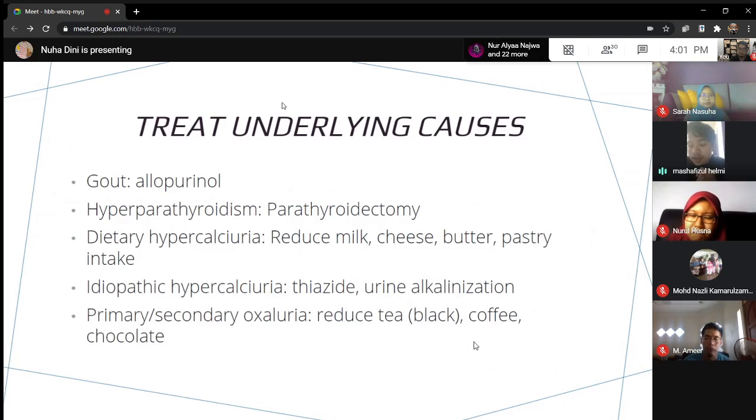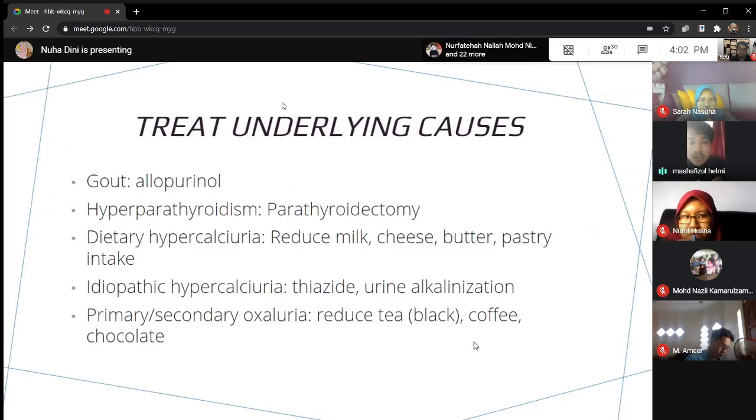For a patient with hypercalciuria due to dietary intake, this can be managed by reducing the milk, cheese, butter, pastry intake. The next one is idiopathic hypercalciuria. So in this patient, we give thiazide or alkalinize the urine.